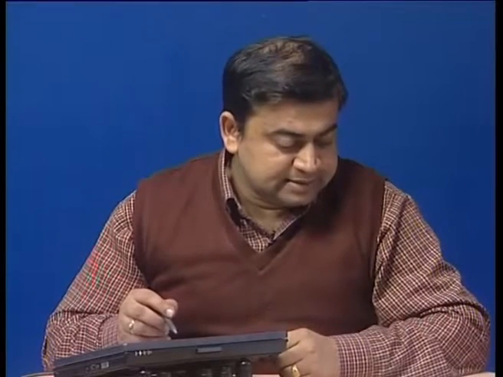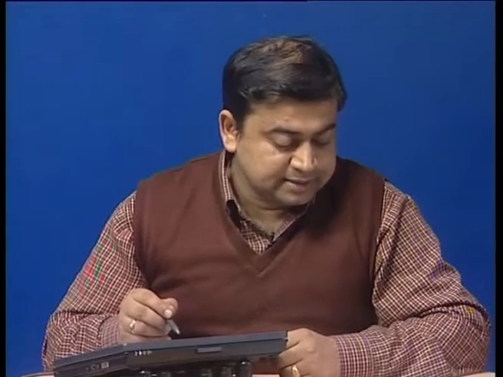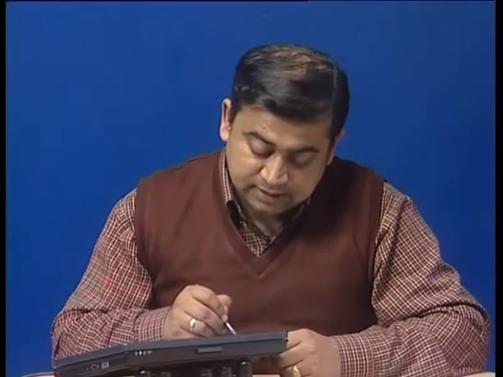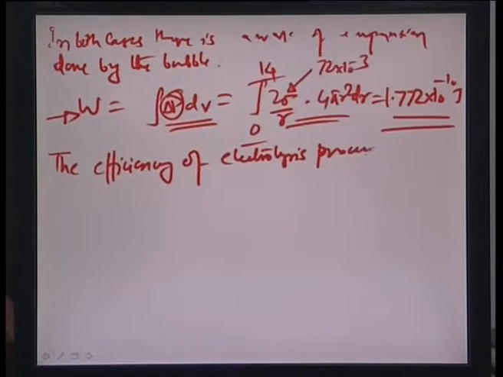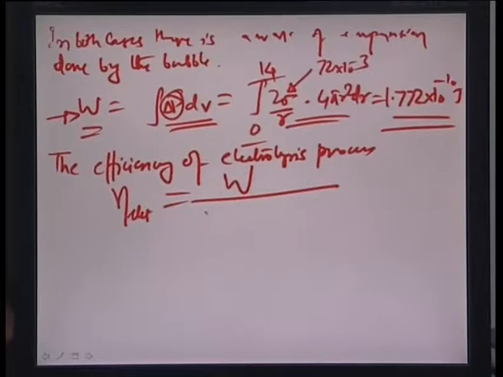And so let us assume the efficiency of the electrochemical production of the bubble, so the electrolysis process, in terms of bubble growth is essentially, let us call it N electro, the work done W divided by W plus delta U electrochemical, which was in the range of 10 to the power minus 12 joules, as you may remember.